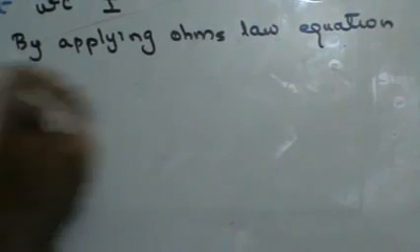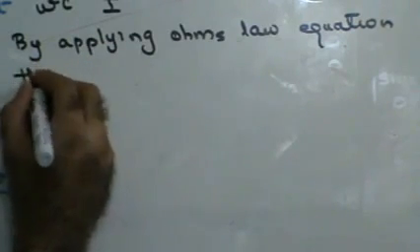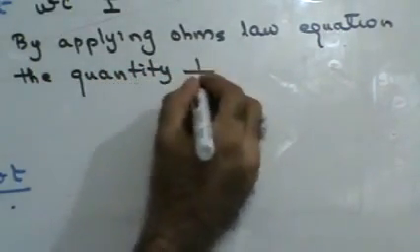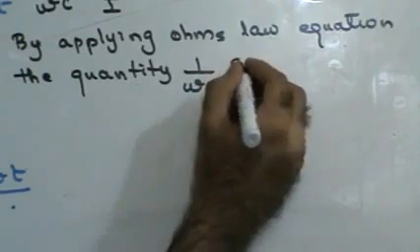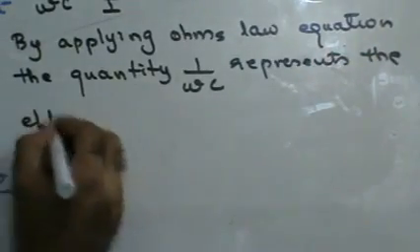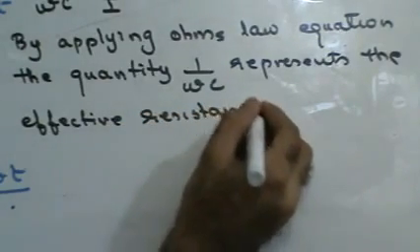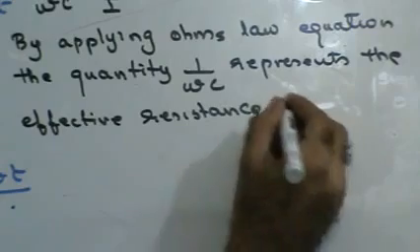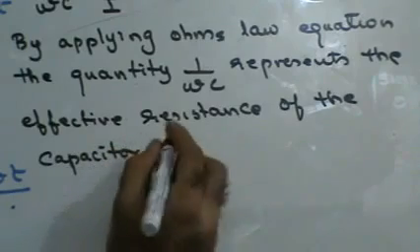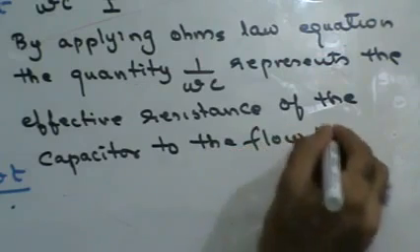So I can say that the quantity 1 upon omega C represents the effective resistance of the capacitor to the flow of alternating current.